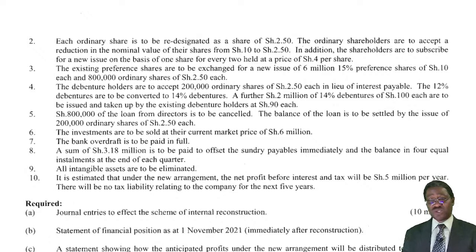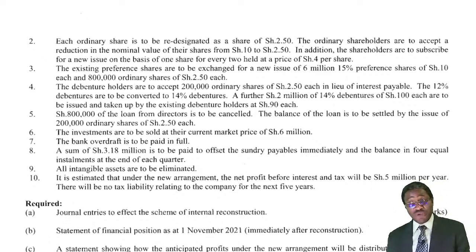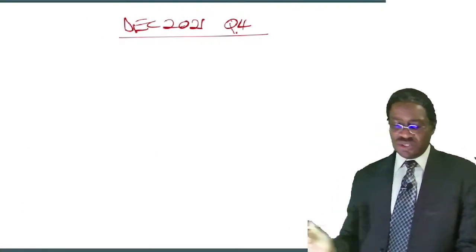So for this question, the examiner wants you to do journal entries. So let's put the answers in terms of journals now. We have agreed we are reducing the ordinary shares by 7.5. There are 2 million shares times 7.5. So we are reducing our share capital by 15 million. Good. So let's do that.